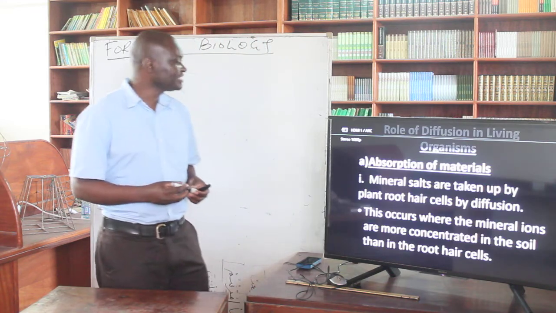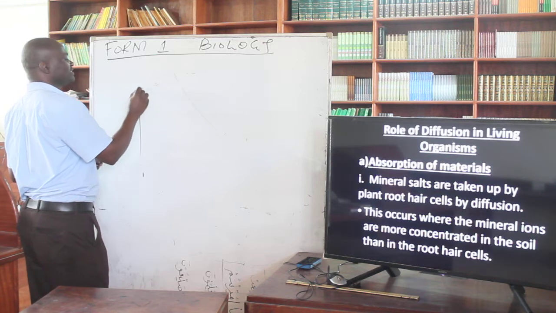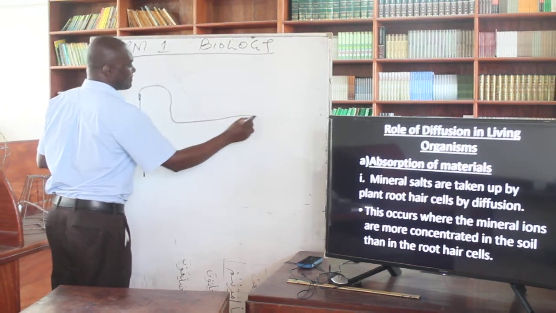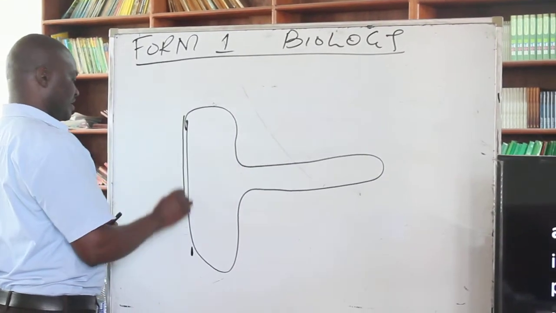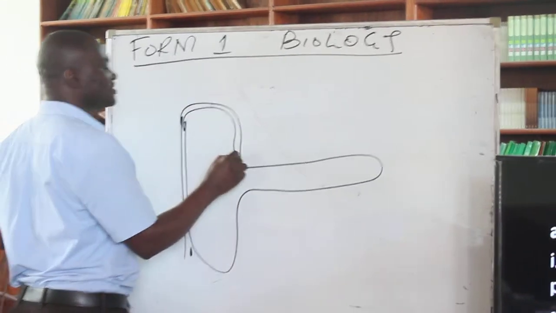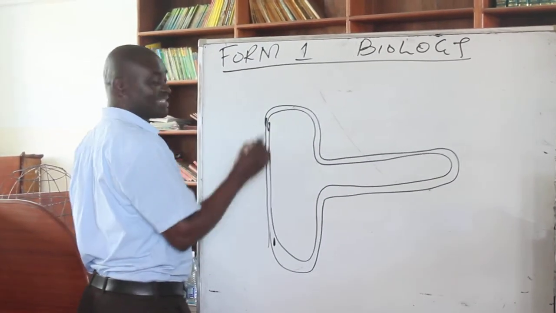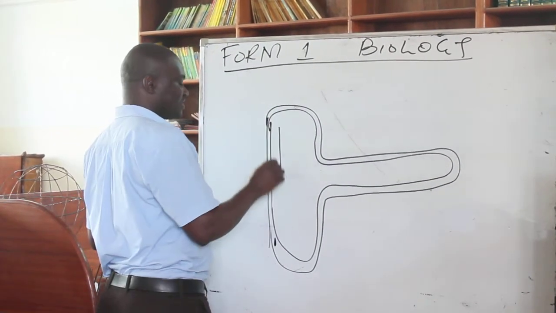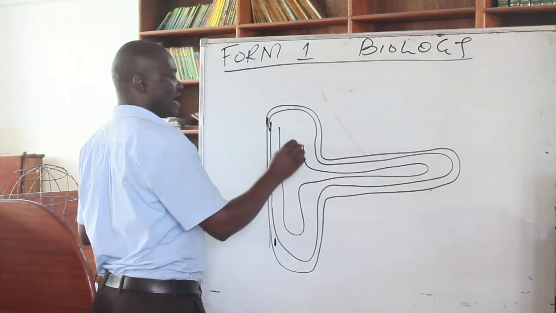Now, if this one is the root hair cell, we know that the root hair cell is elongated and has a large vacuole.